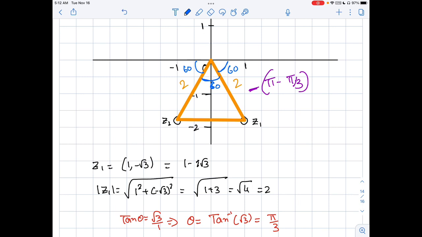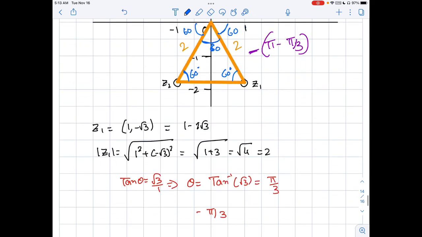If the two sides are equal, the other two angles also will be equal. So this is 60 degrees and this is 60 degrees. As all angles are 60 degrees, it is going to be an equilateral triangle. We need not find the distance between z1 and z2 directly. We can just prove that as all angles are 60 degrees, it is an equilateral triangle. That is the answer for part 3.